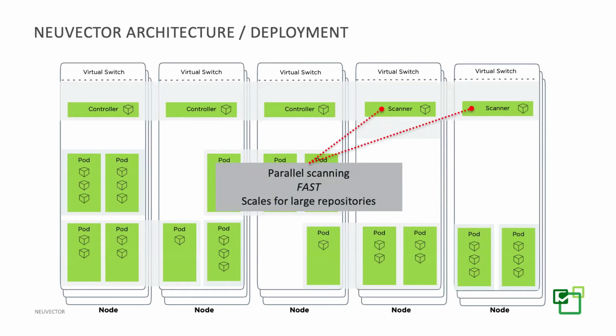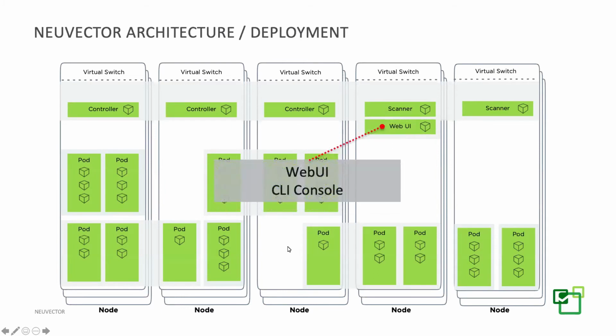The default is 2 scanner pods running, but you can scale this up as a replica set, just like you can any Kubernetes deployment. So if you have a large registry, you can have 10 scanner pods running, and Kubernetes can make sure it's distributed onto available servers. So it scales very quickly as you need that type of scanning performance.